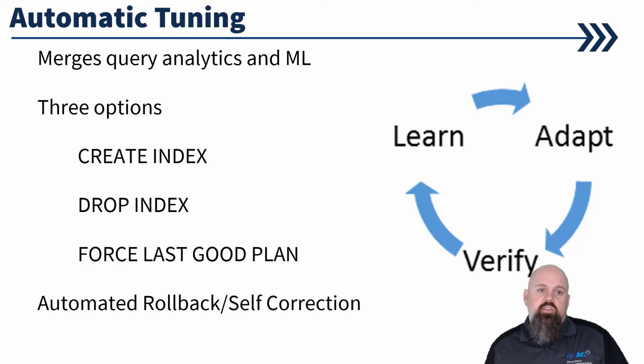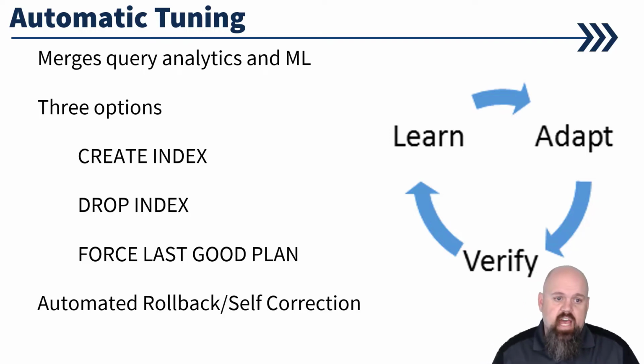As the service is using the machine learning to identify and do analysis on your query metrics, if it determines that it needs to create an index or drop an index, and those operations in turn are a detriment to your workloads, the service can identify that and subsequently revert those changes.